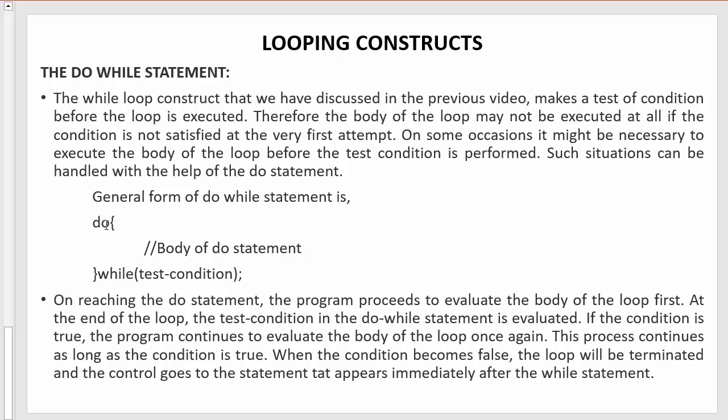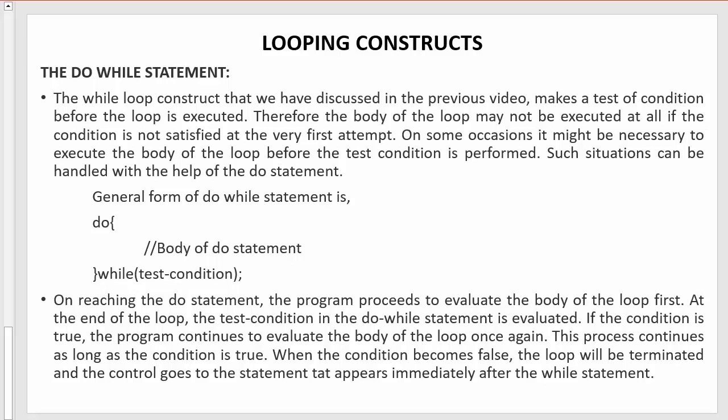When the condition becomes false, the loop is terminated and control goes to the statement that appears immediately after the while statement, to execute the next instruction written after this loop.